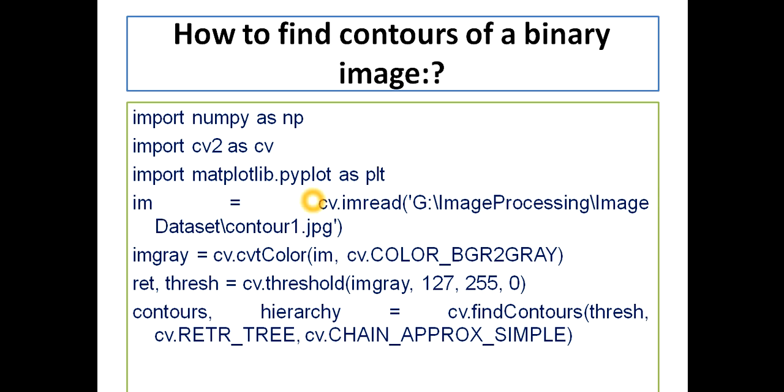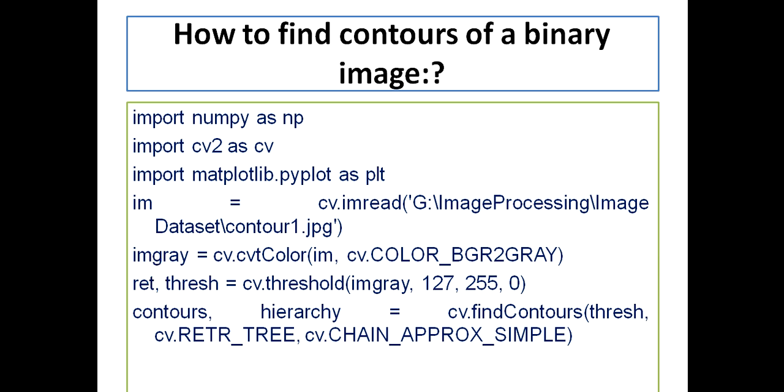Then im equals cv.imread, this is the place where my image, that is contour1.jpg, is located. So I am providing the path to the input image contour1.jpg, and that is being stored in im. Now I am going to convert it into its gray version.